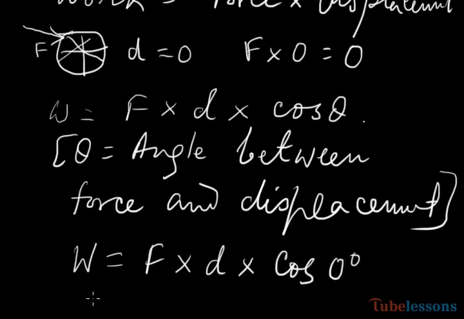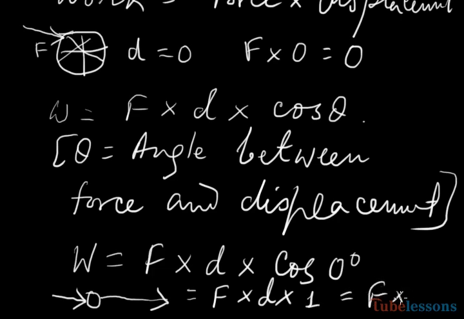Say you are applying force on a football and displacement of the football takes place towards the direction of force. Then the value of the angle is 0 degree. So work equals F into D into cos 0 degree. That is equal to F into D into 1, that is equal to F into D, force into displacement.